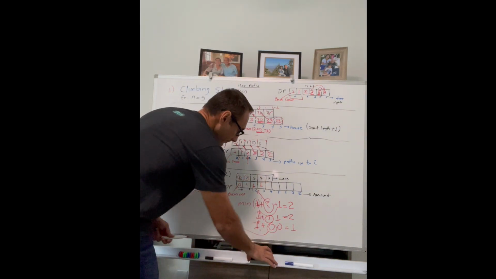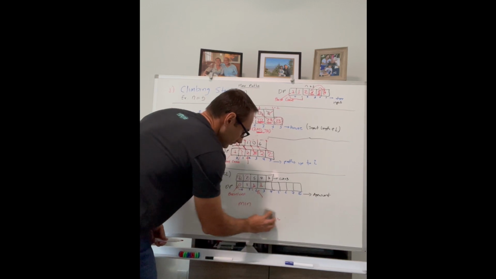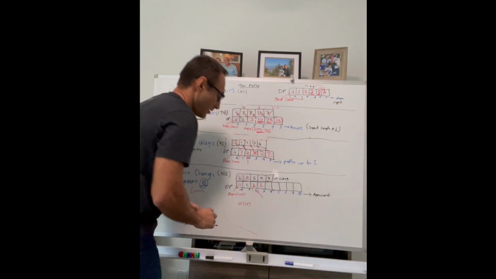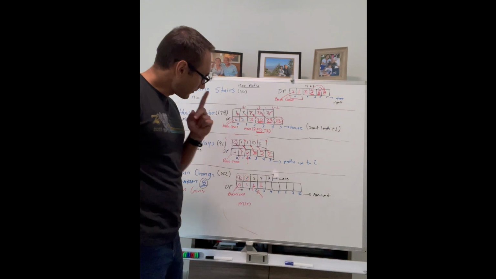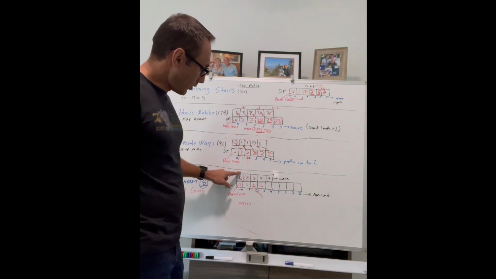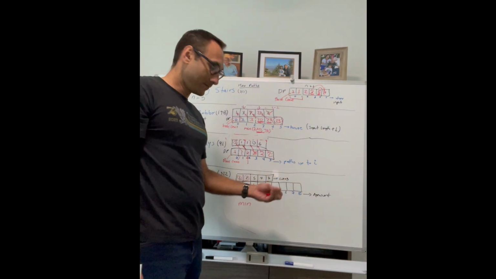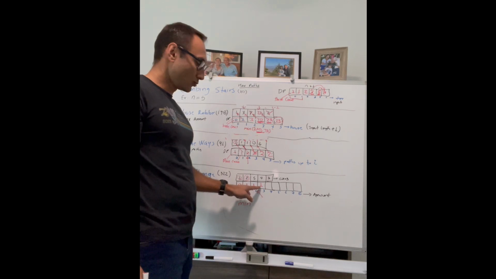Now, we have 4. So, with 4, we're gonna loop. We're gonna have 1. What we need to get to 4 is 3. The solution for 3 is 1.